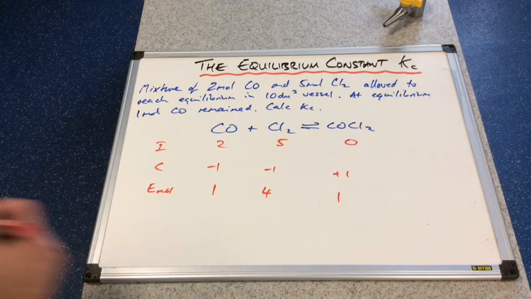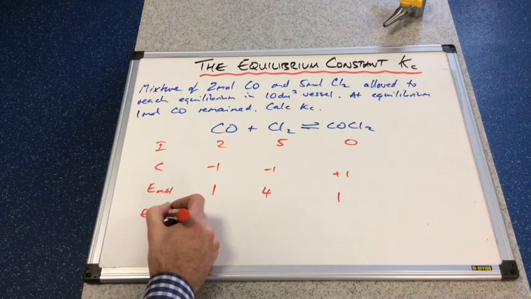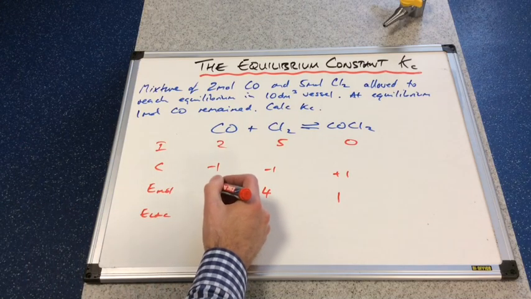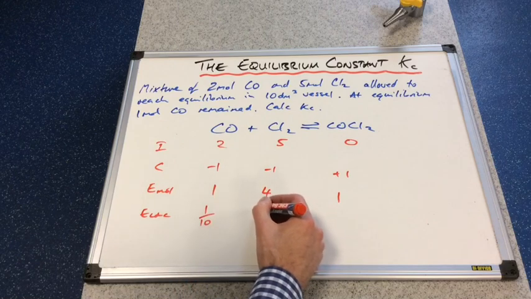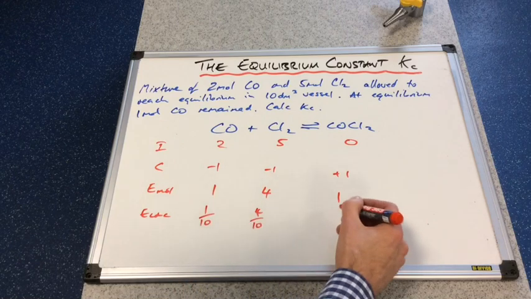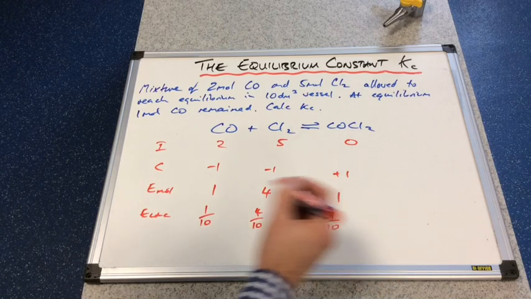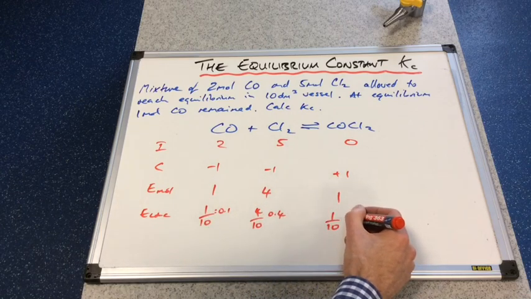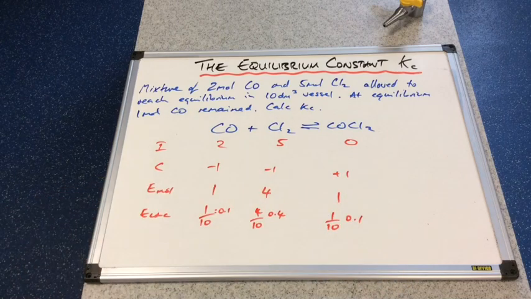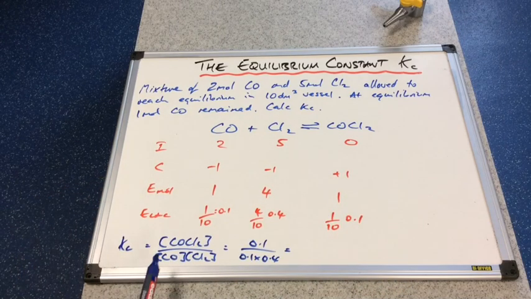Equilibrium concentrations will be the moles divided by the volume, so 1 over 10, 4 over 10, 1 over 10, so that's 0.1, 0.4, 0.1. There's the expression for Kc.